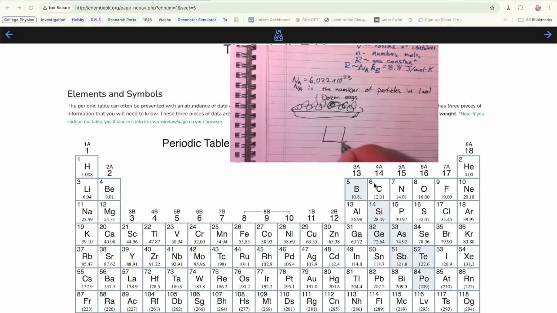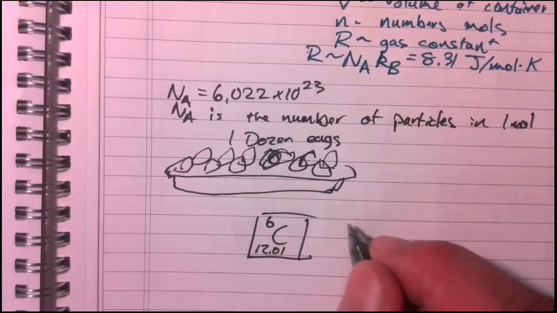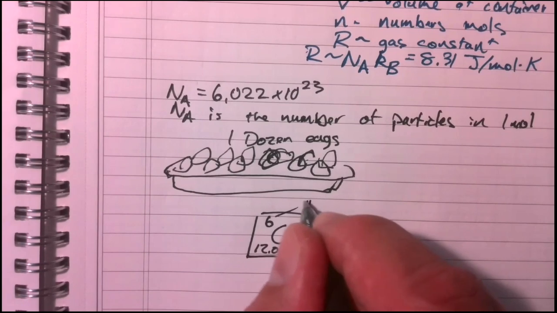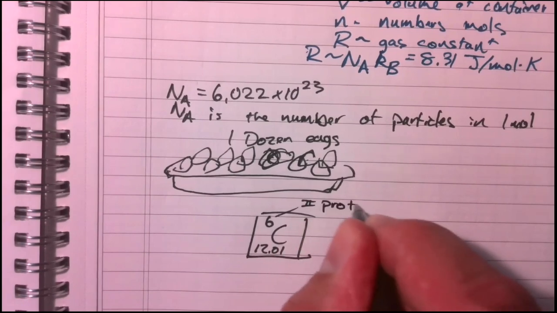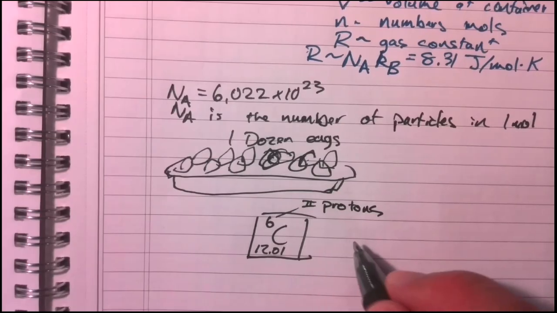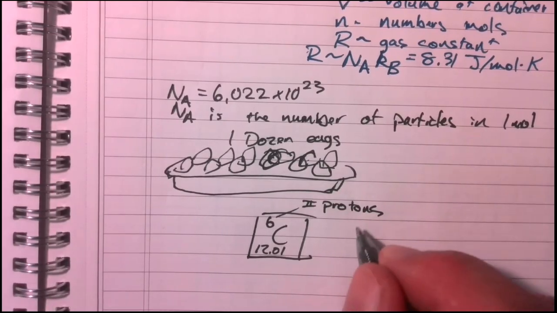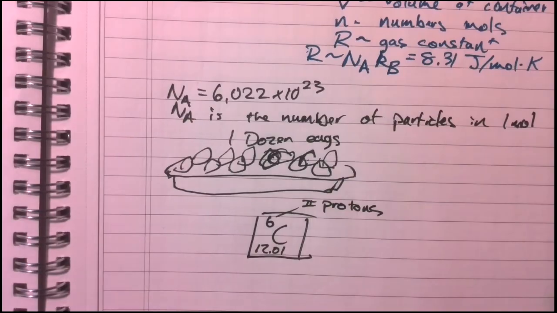So carbon is 6 on the periodic table, and then it's got this number down here, 12.01. 6 is the number of protons in that atom. So what is carbon made out of? A typical carbon atom will have 6 protons and 6 neutrons.